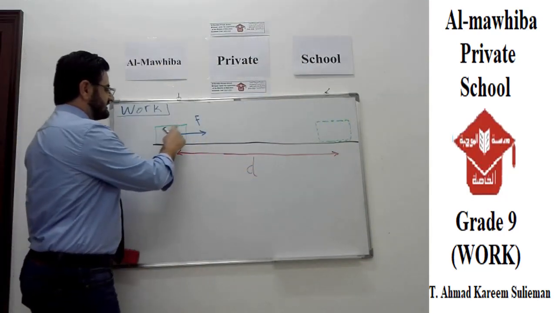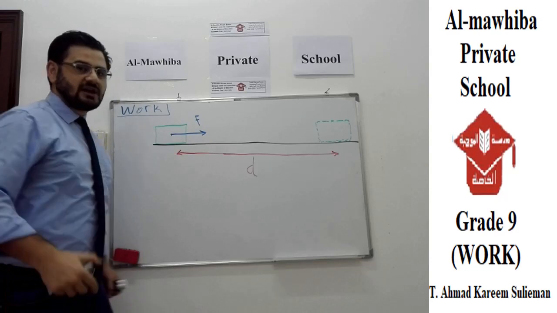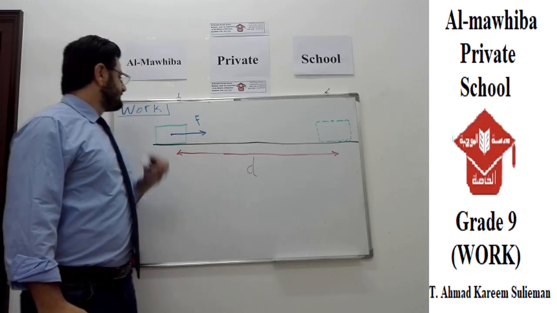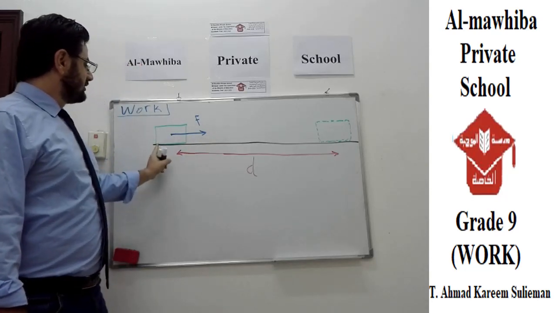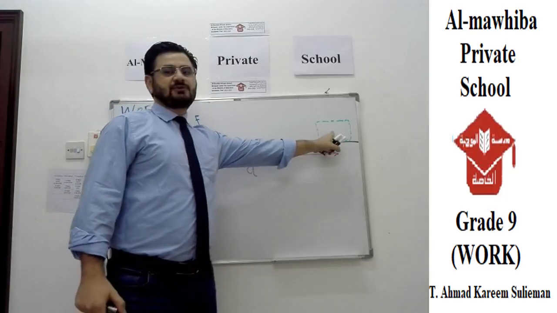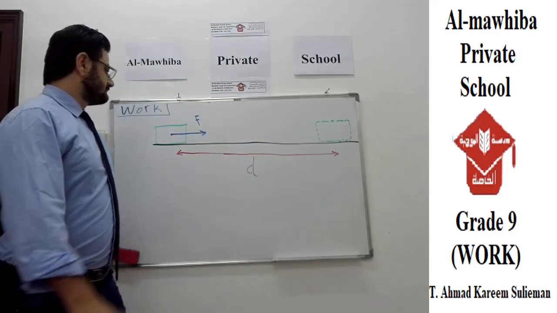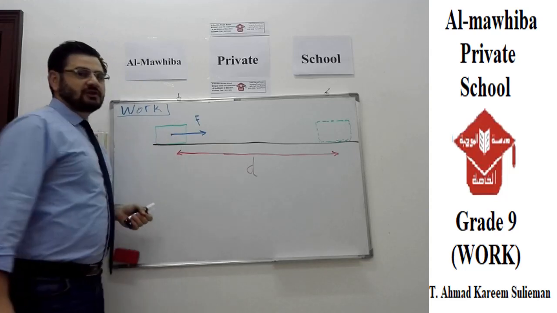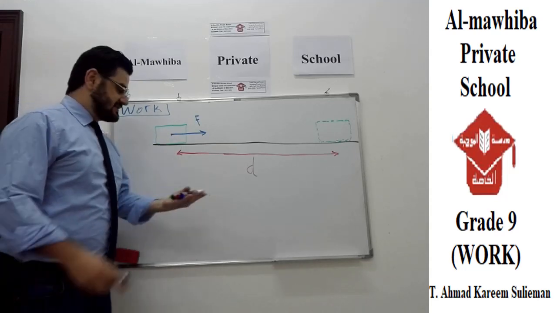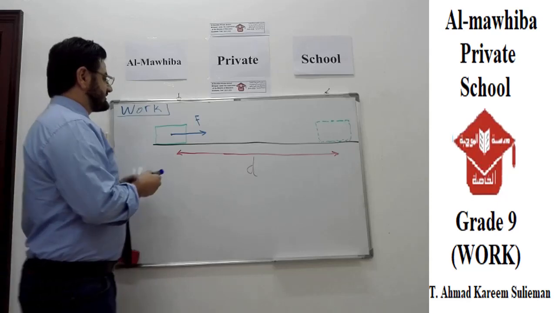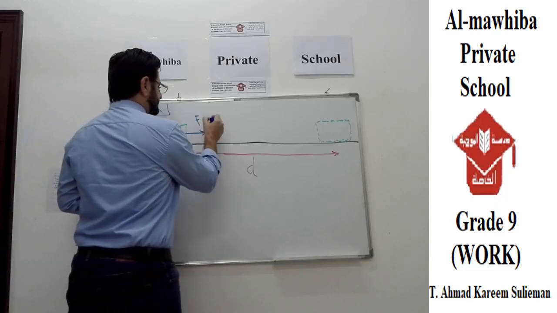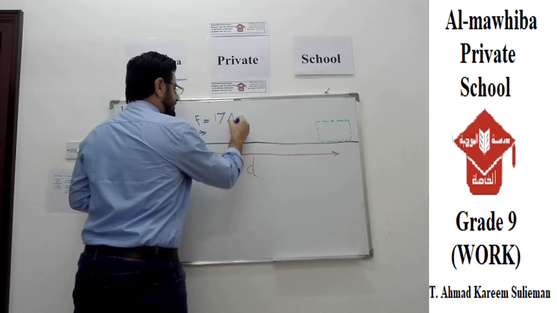If I have this box, the green one, and I apply a force F on this box, it will move it to this position, with a distance D. So if I want to calculate the work, let's first give values. For example, the force is 17 Newton.